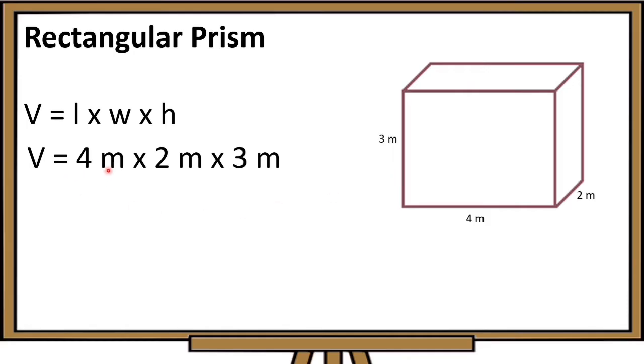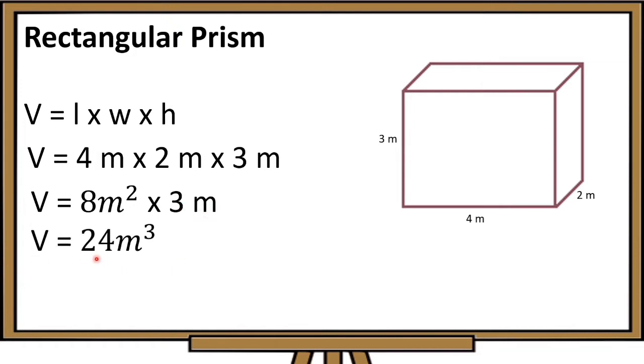So 4 meters times 2 meters is 8 square meters. Times, let us bring down the height, which is 3 meters. So 8 times 3 equals 24. We have a volume of 24 cubic meters.